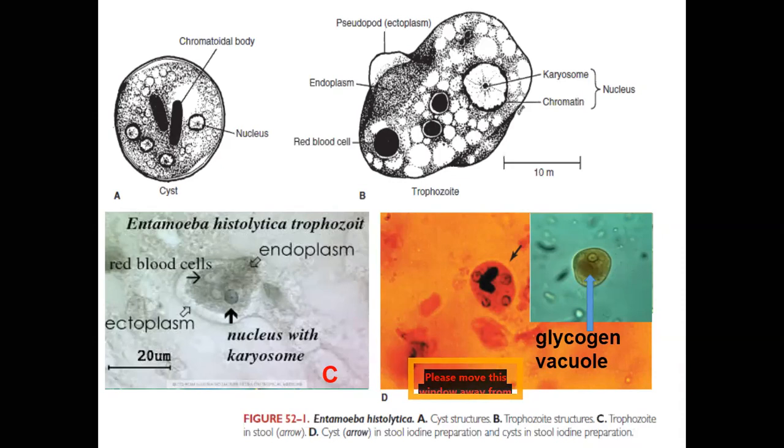We just put a drop of normal saline and stool under a cover slip, or we also use iodine stain just to see whether glycogen is present in the cyst or not. You know, glycogen can be stained by iodine. You know this basic chemical reaction.